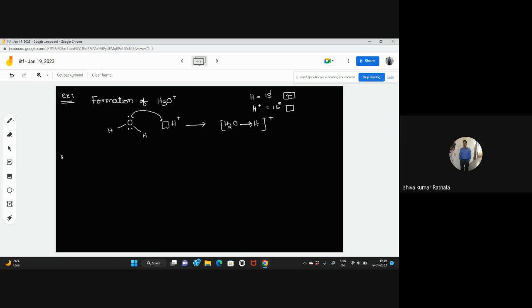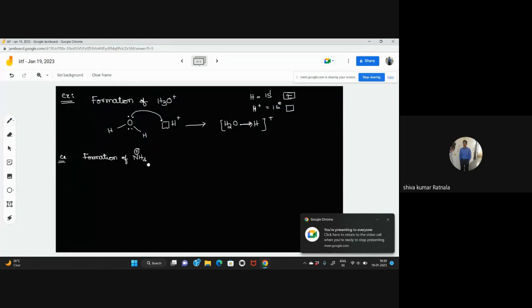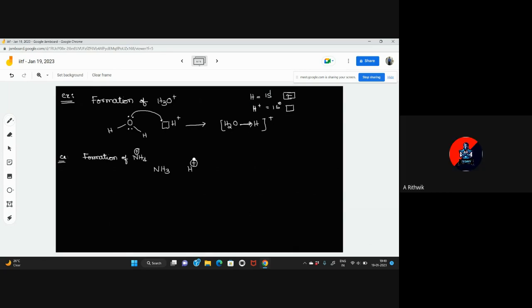Let me take one more example: formation of NH4 plus. We have NH3 and H plus. Can you try how this bond will form? From where to where will electrons be donated? Sir, from nitrogen to hydrogen.